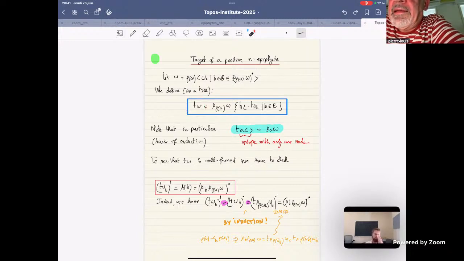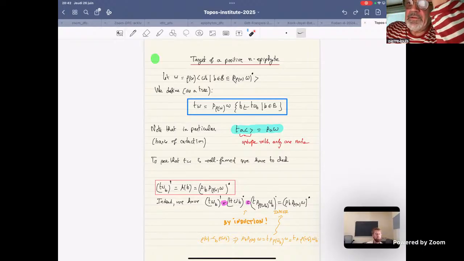By taking the source of omega at the root of omega, so the root is here. So you take the source at the root, and in this source, for each node B to which a sub-opetope omega B was attached in omega, you substitute the target of the sub-opetope omega B.